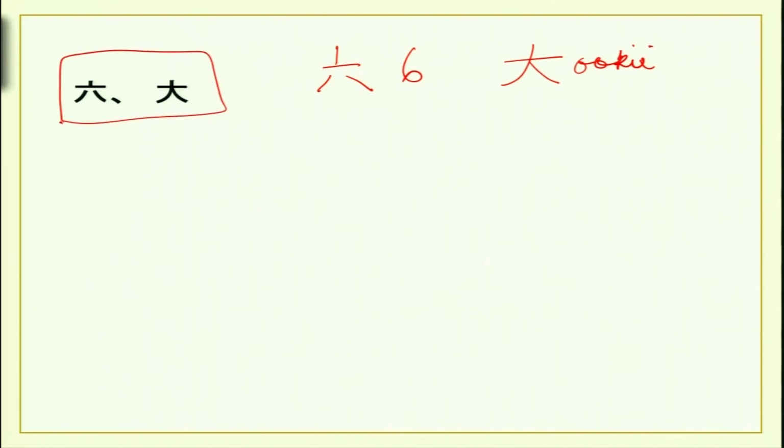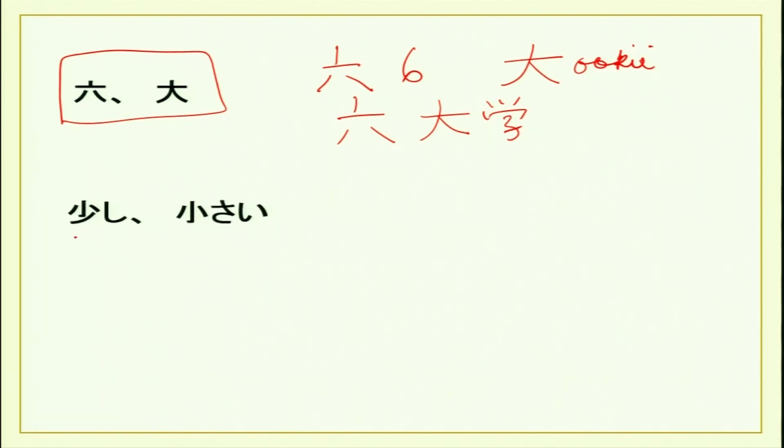Now I have some similar looking kanjis. So very quickly you have done roku, which is 6, and this is dai or oki, very similar. So please do not make this mistake. 1, 2, 3, 4 and 1, 2 and 3. This is used in daikaku. Then we have sukoshi and chiisai. So sukoshi you have just now done. This is the order.